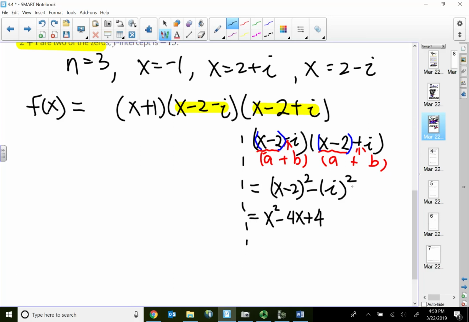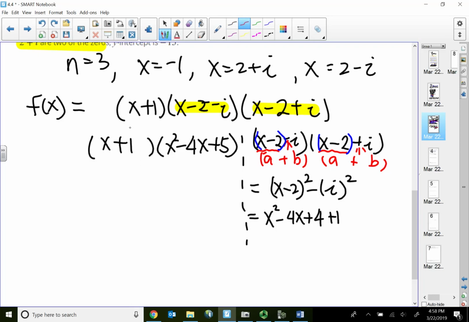All right, well, i squared is normally negative 1. Negative 1 times this negative will make a positive 1. So that means when I combine like terms here, these last two multiplied together will only be x squared minus 4x plus 5. All right, now I will multiply my x plus 1 up front.